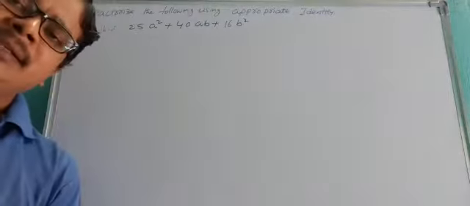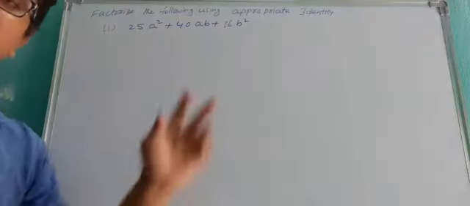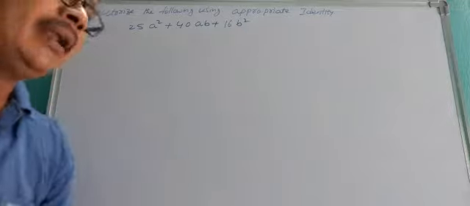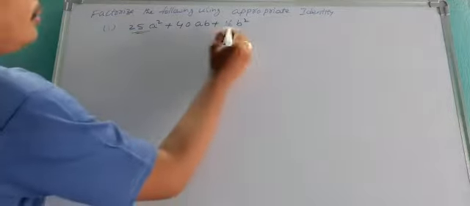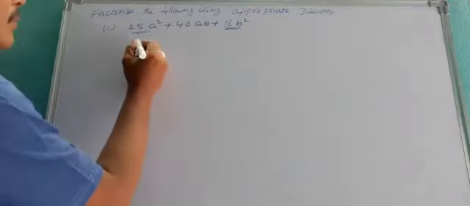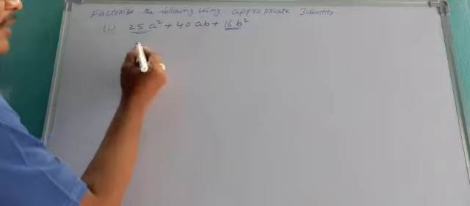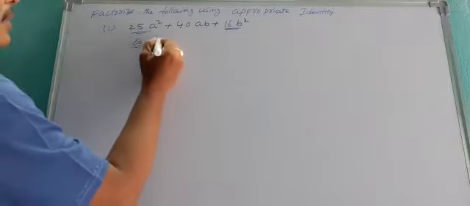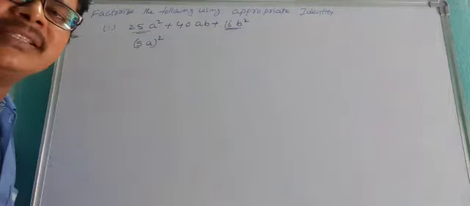Already you know that. So how to factorize this polynomial with the help of identity number 1? First of all, you have to identify the perfect squares of the extremes. 25 is a perfect square, 5 square, and a square, so this can be written as (5a) whole square.